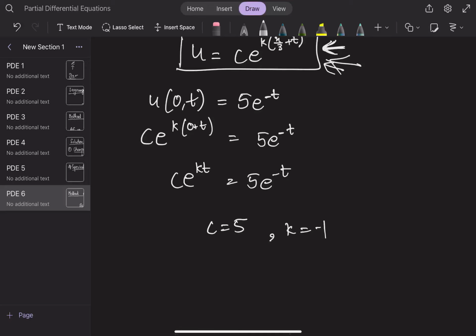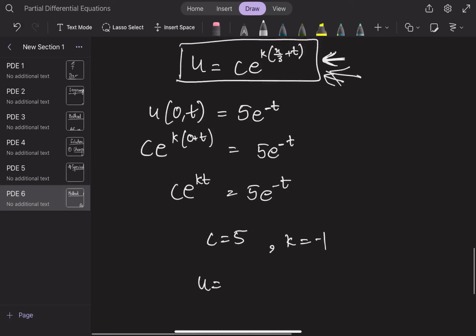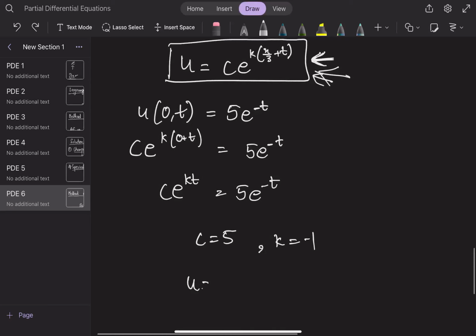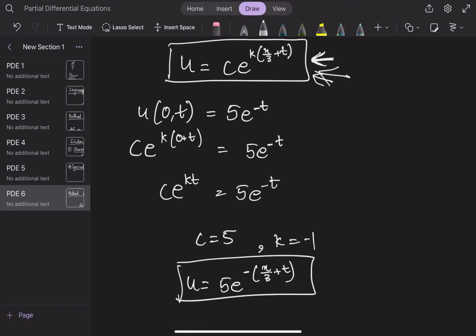So your final answer is u is equal to 5 e raised to minus (x/3 plus t). This is your final answer.